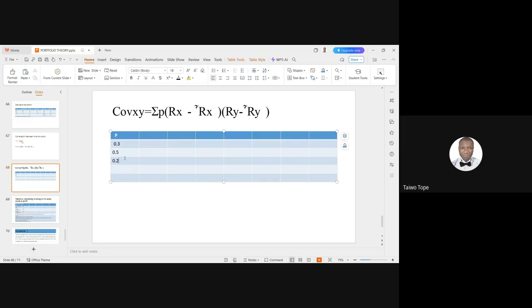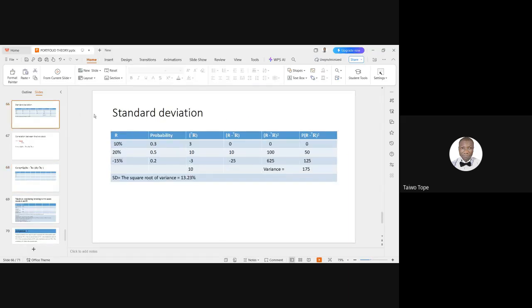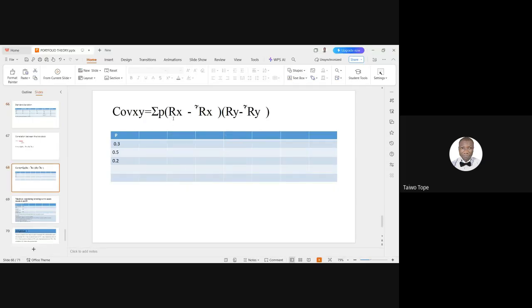Now, in the question, your Rx, return on X, what is the value of return on X? We need to solve for Y. Based on our formula, what is Rx minus Rx bar?